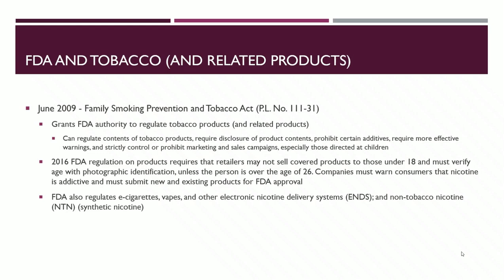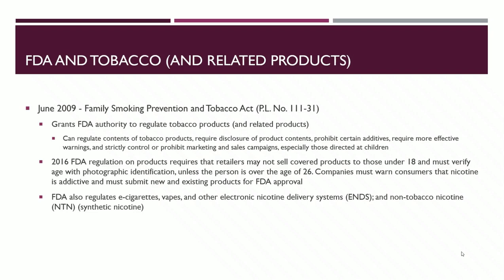So as I mentioned, the FDA also oversees or regulates more than just drugs, one of them being tobacco and related products. We'll talk about that in a minute. Since 2009, the Family Smoking Prevention and Tobacco Control Act, which amended the Food, Drug, and Cosmetic Act, also grants the FDA authority to regulate tobacco and related products.